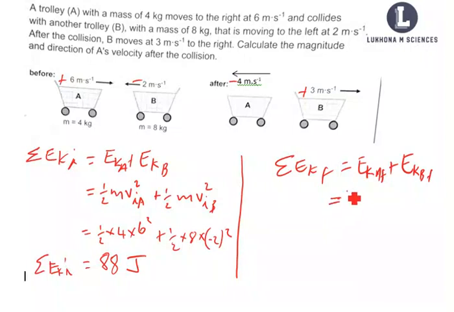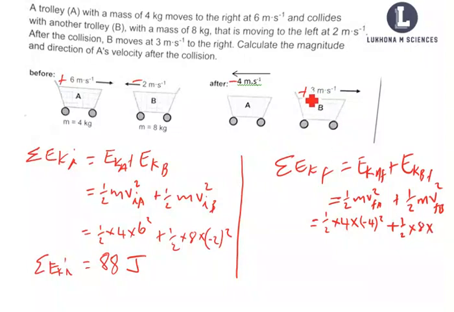So we have 1 over 2 mv squared final for A plus 1 over 2 mv squared final for B. Now let's substitute. 1 over 2, the mass of A is still 4, times the final velocity of A, which is negative 4, squared, plus 1 over 2 times the mass of B, which is still 8, times the final velocity of B, which is positive 3, so 3 squared.